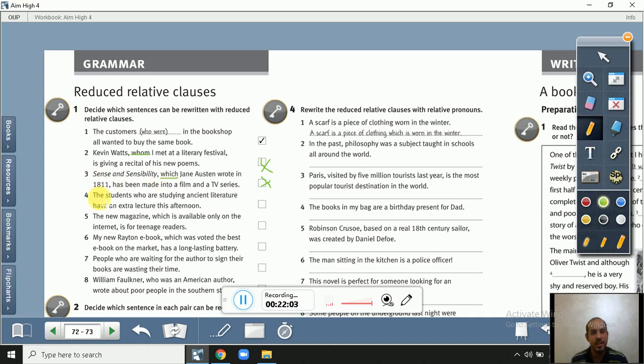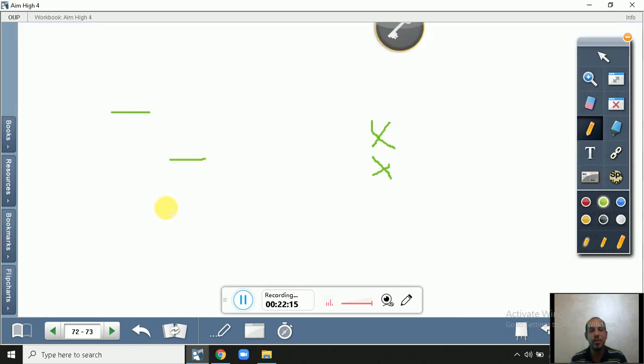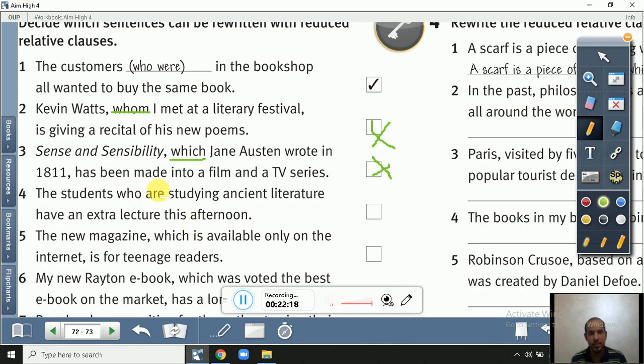So, the next one. The students who are studying ancient literature. Now, students is the subject, and the relative pronoun refers to the subject here. So the first condition is applied. Excellent.